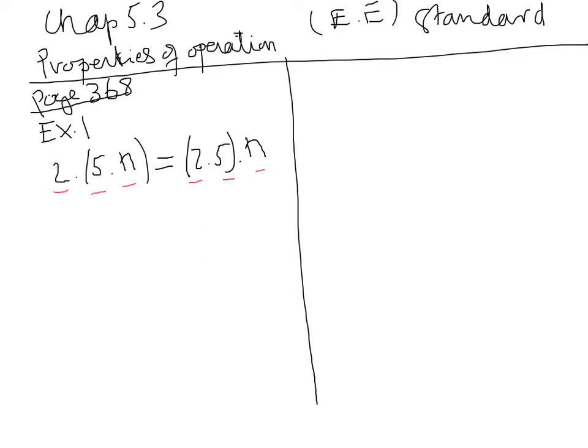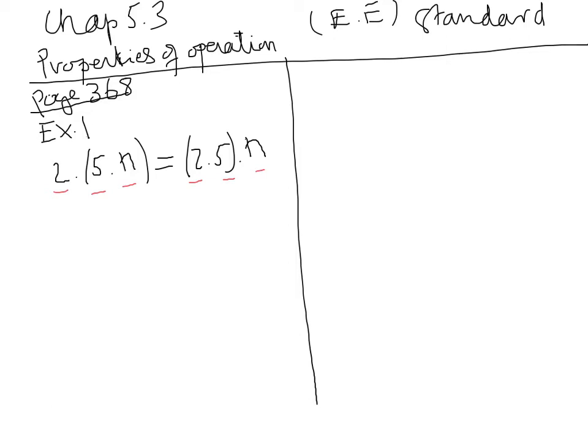But when we're dealing with grouping and the parentheses, we already know that's the associative property. That's where we have the parentheses, where we're just moving them. And all the operations between these numbers are multiplication.